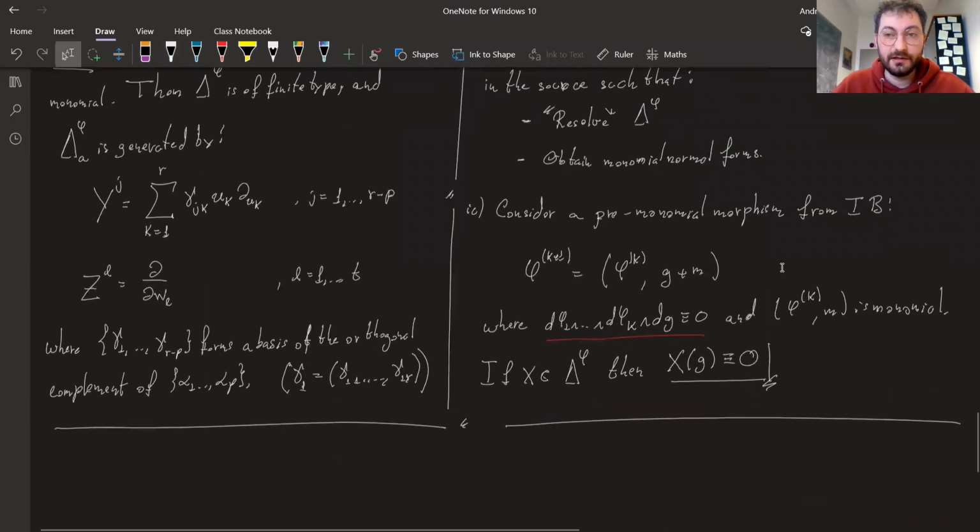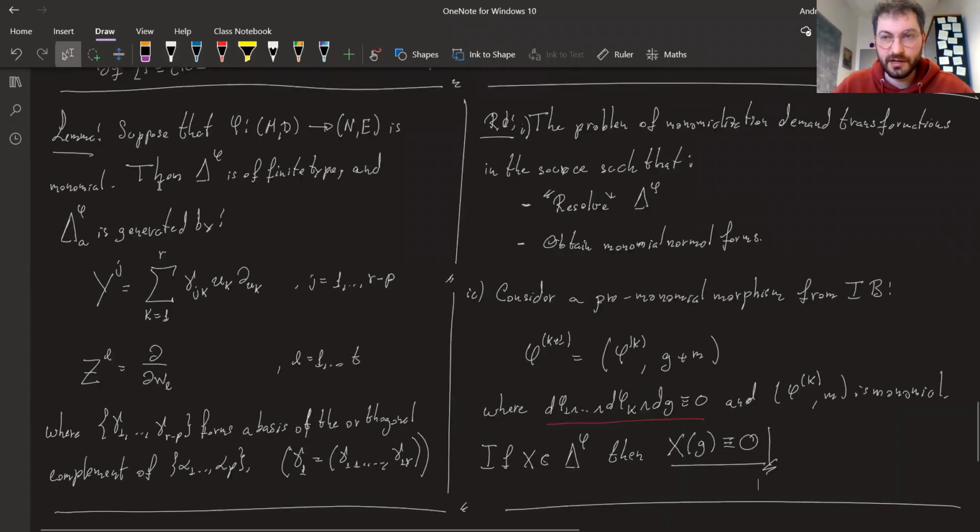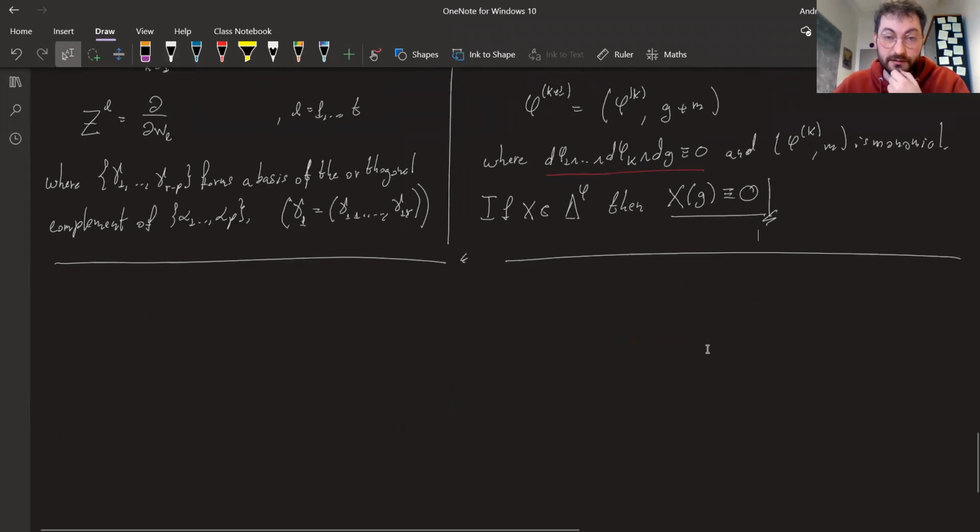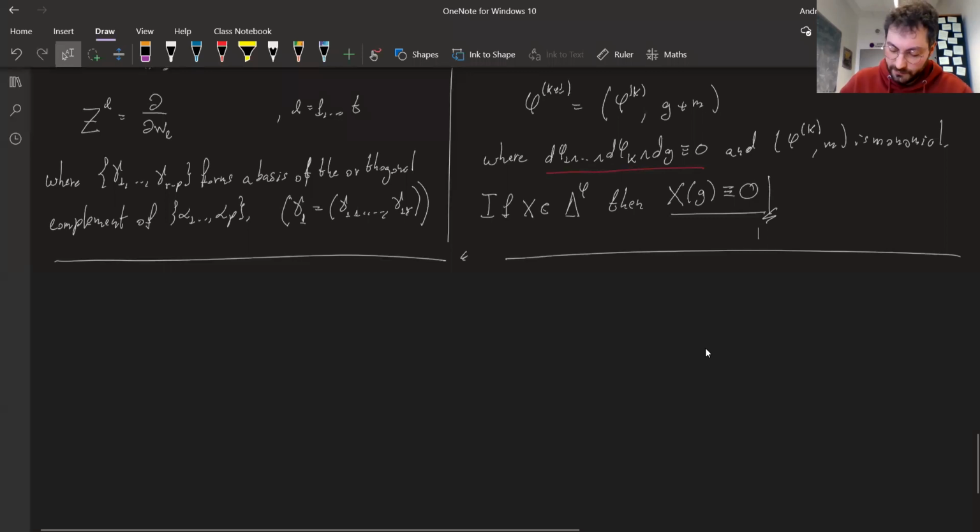And because of this, if we apply these derivations to the last entry of the pre-monomial morphism, we're going to be able to find an intrinsic way to see that it is a pre-monomial morphism. So let me be more precise about this.